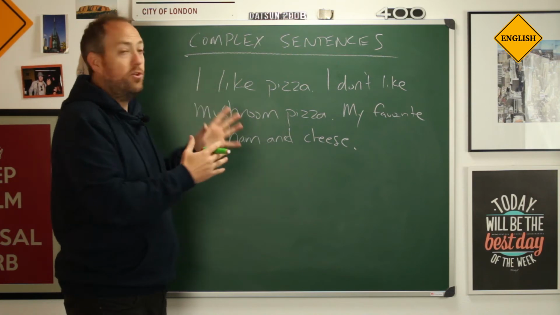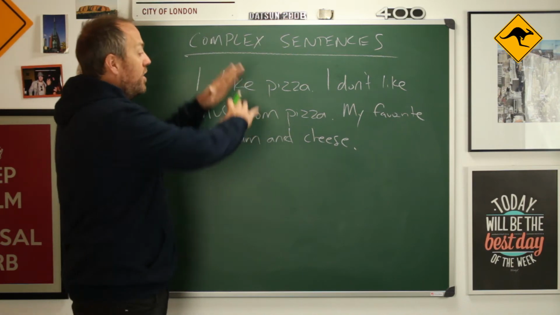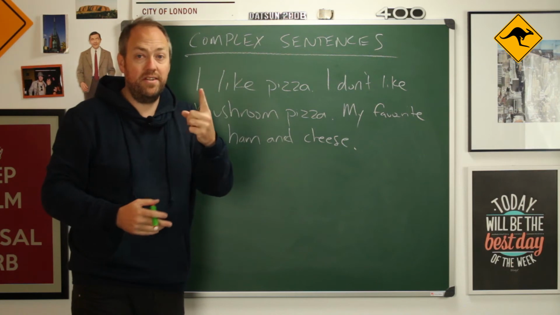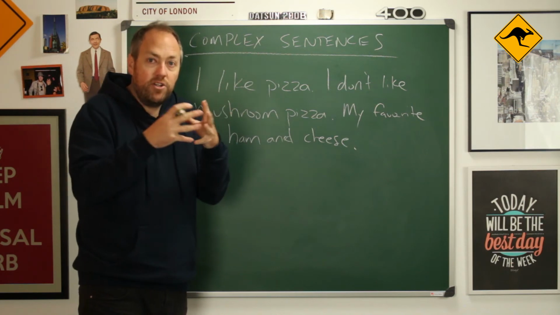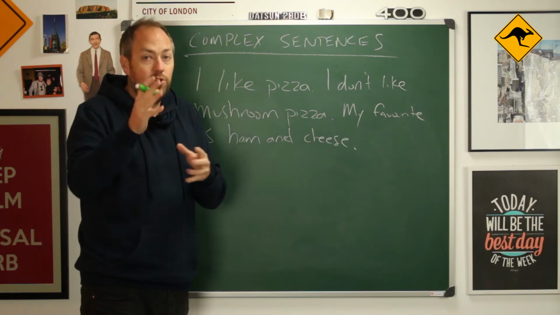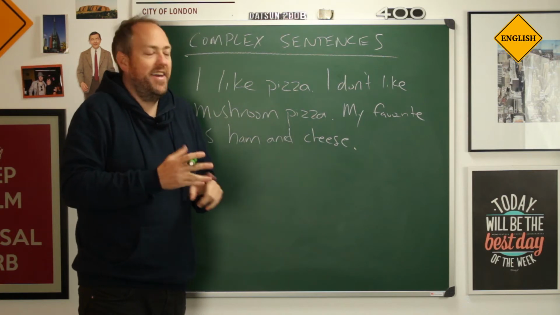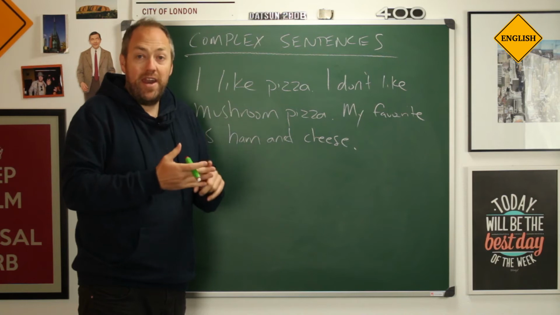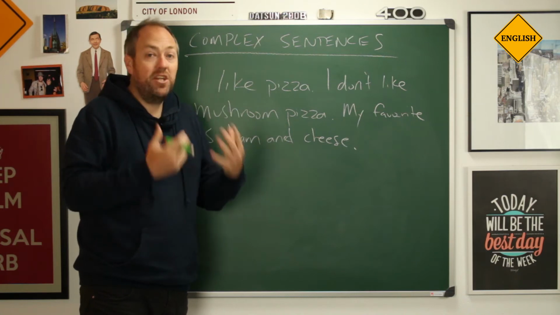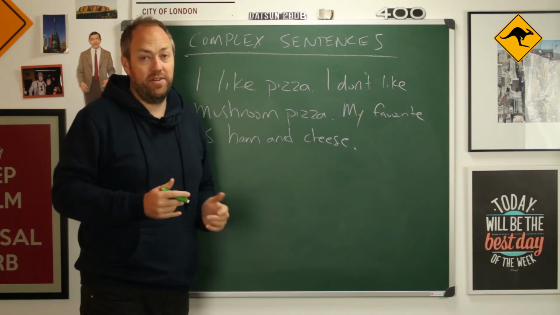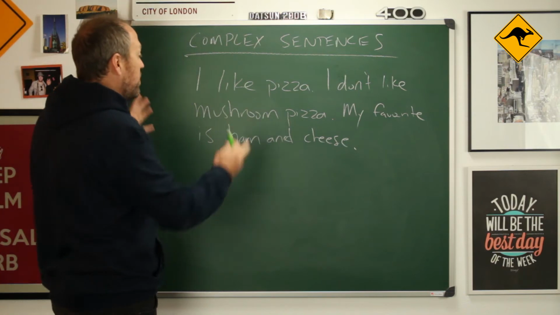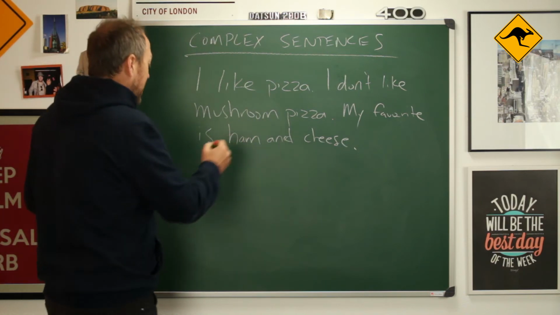So what you need to do is practice your complex sentences. We can put this into one sentence using our joining words, which you must practice, like however, whereby, where, which, that, because, as, whereas, etc. So let's transform this sentence now. So I like pizza.